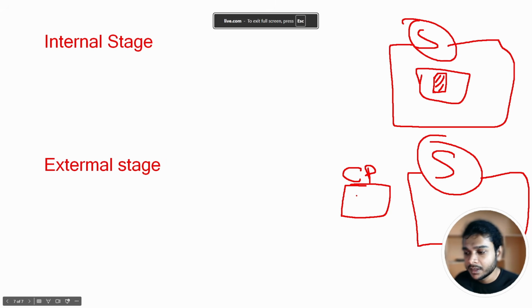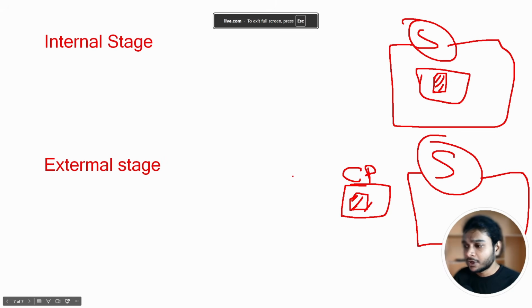In that bucket, we store the file, and that bucket acts as an external stage. It's just a normal bucket, but we just define the bucket as an external stage inside Snowflake, so it considers it as an external stage. What we are doing here is we're not using the storage that is inside Snowflake. We're using storage in the cloud platform, in the cloud storage.